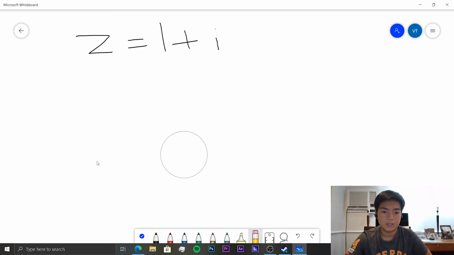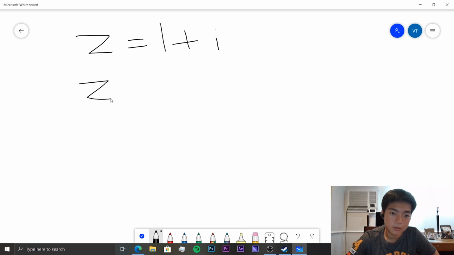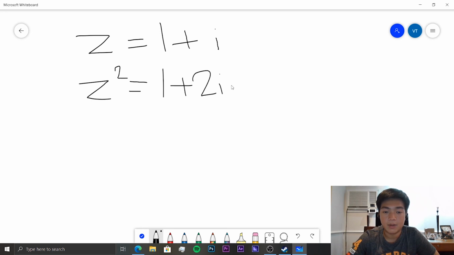Well, I guess we could just go through all the values. So we have 1 plus i, we have z squared, which is equal, of course, to 1 plus 2i minus 1, or otherwise, wait, this is just 2i, right? Yeah. This is just 2i.